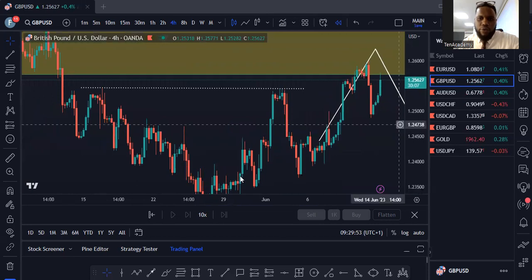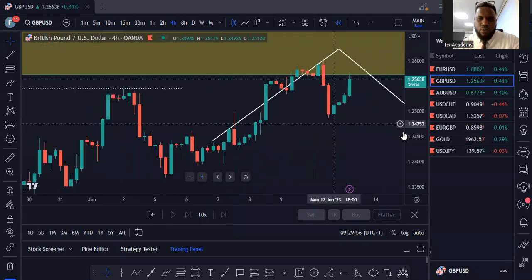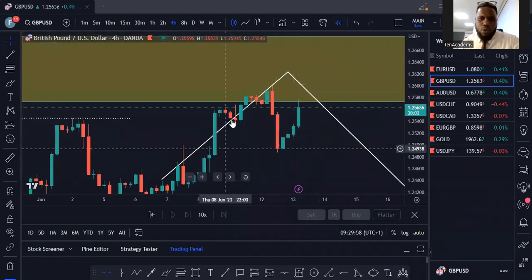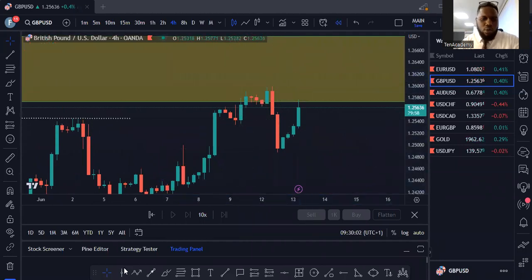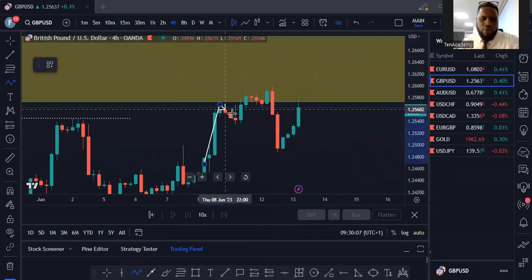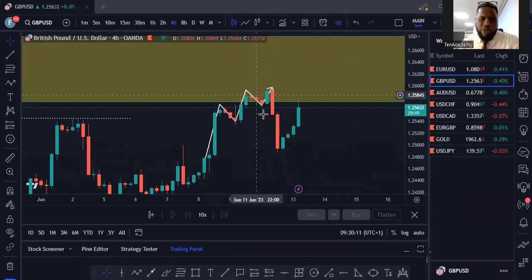Now on the 4-hour time frame, you can see this internal structure here, like so. Okay, this is minor structure on the 4-hour time frame.